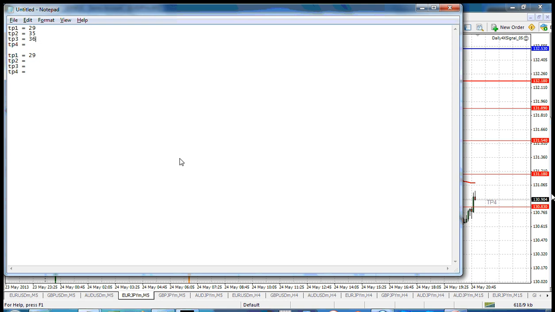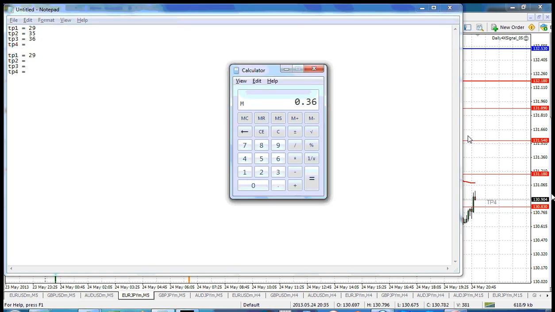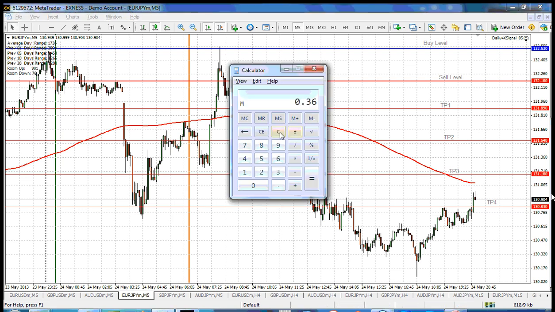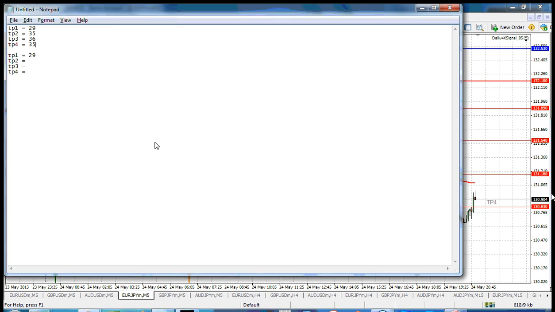So we put over the 36 pips, and of course the last one is 131.18 minus 130.83. So that's 35 pips.